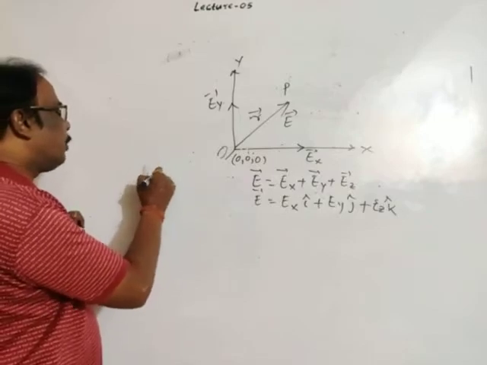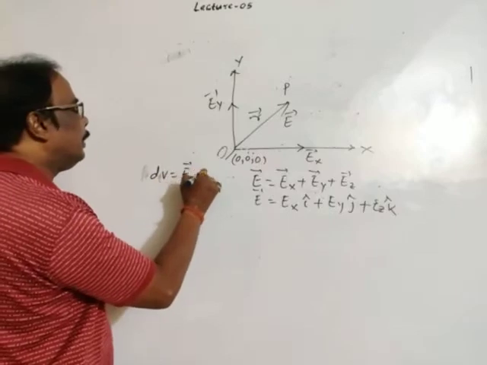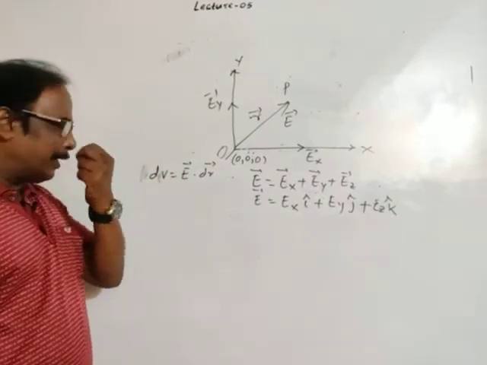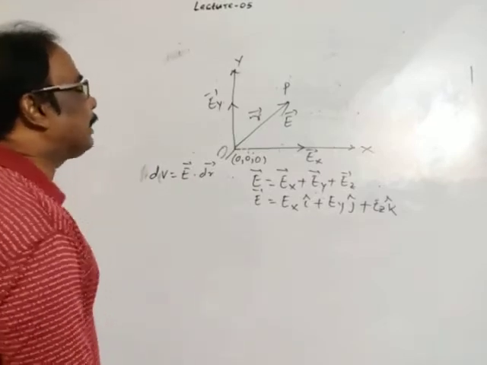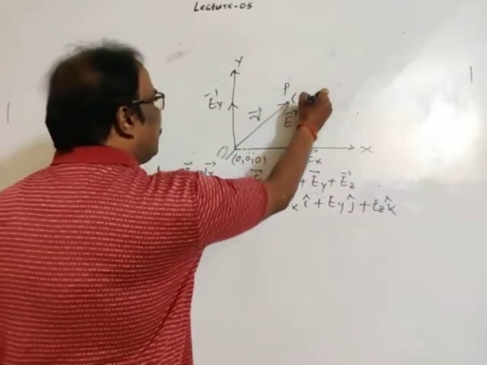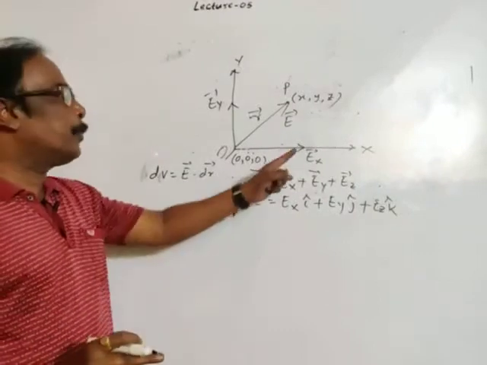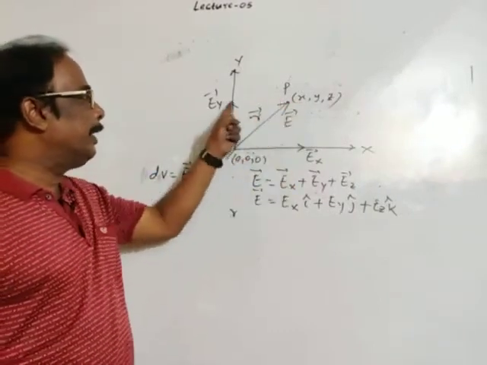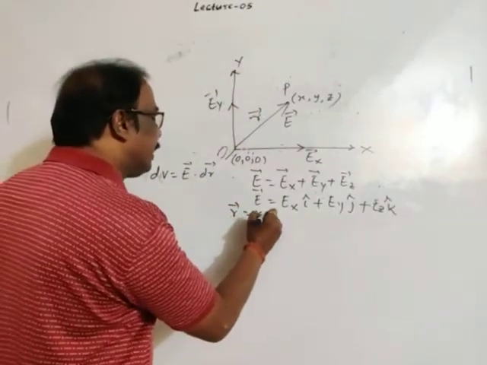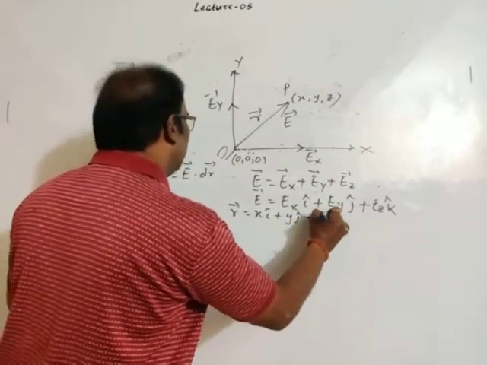Then, as we know, the small potential difference dV is equal to E dot dr. Okay, the position vector r: if the coordinates of point P are x, y, z, with x coordinate x, y coordinate y, and z coordinate z, then the position vector is given as x i cap plus y j cap plus z k cap.